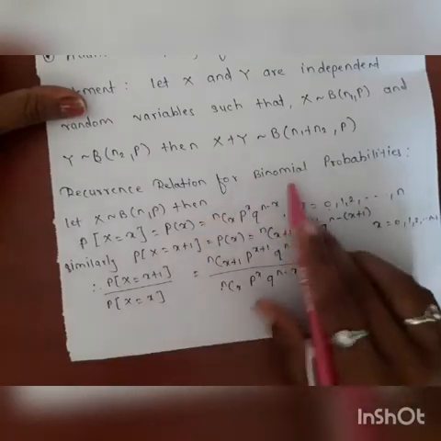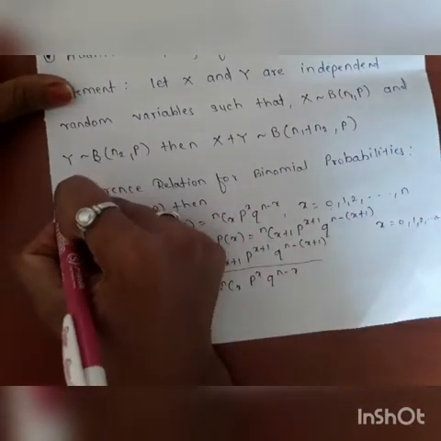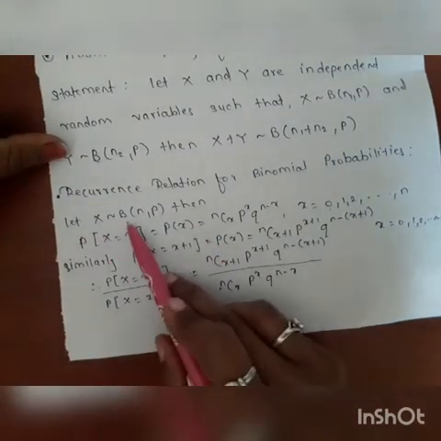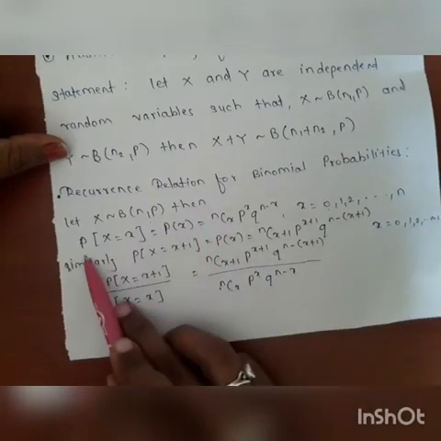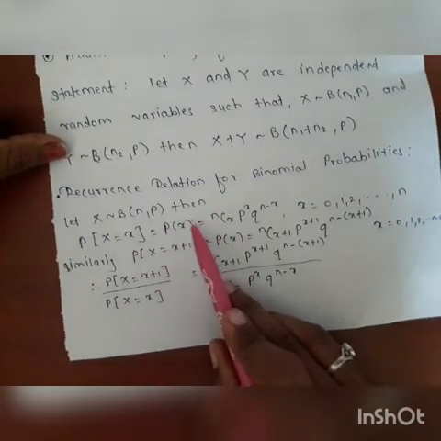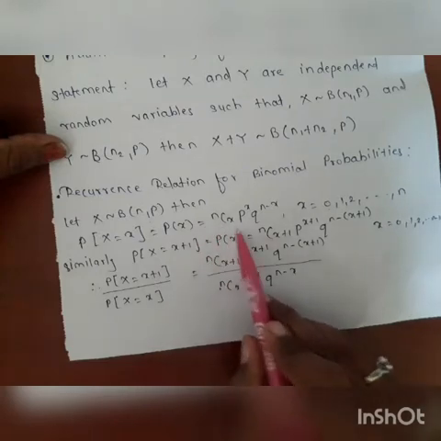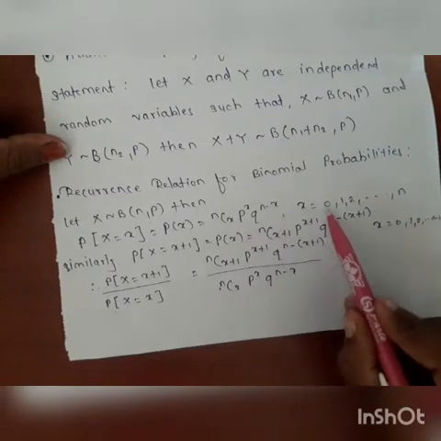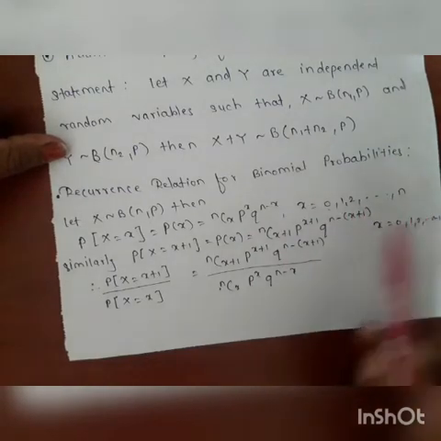Recurrence relation for binomial probabilities. Let X be related to B(n, p). Then P(X equal to x) is equal to nCx p raised to x q raised to n minus x, where x is equal to 0, 1, 2 up to n.